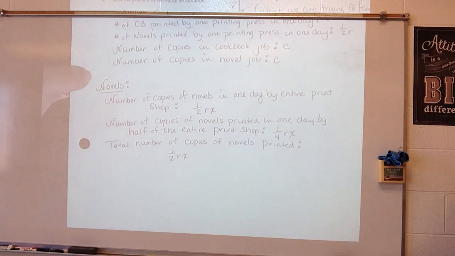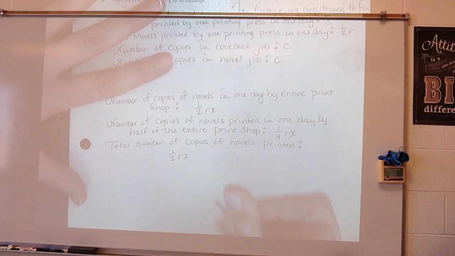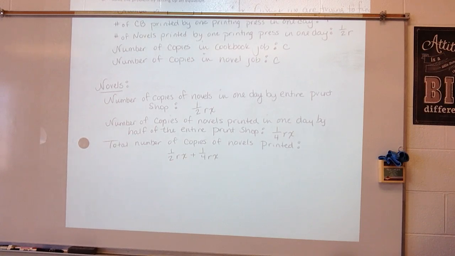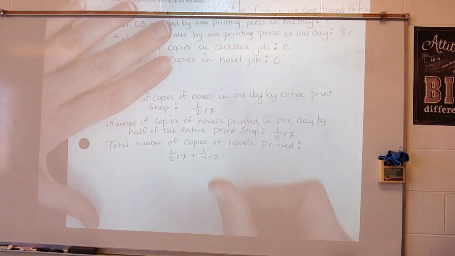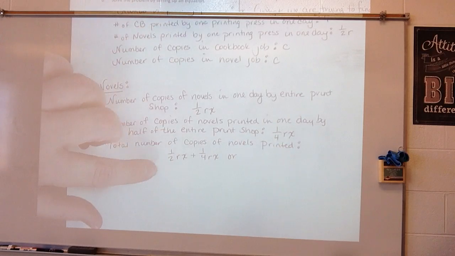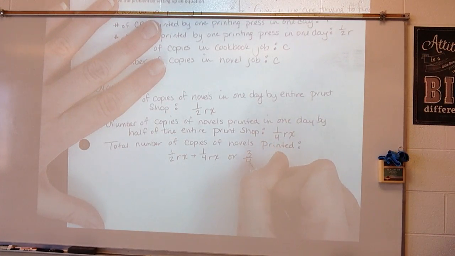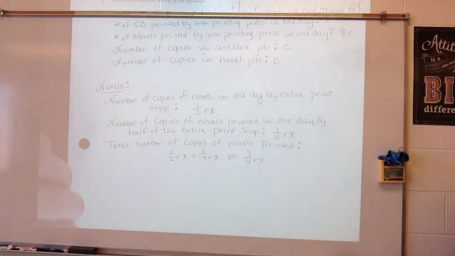And then on day two, only half of those were working, so I would add that. I would add 1/2 RX plus 1/4 RX, or if I change those to common denominators, I get 3/4 RX. That's how I'm going to find the number of novels.